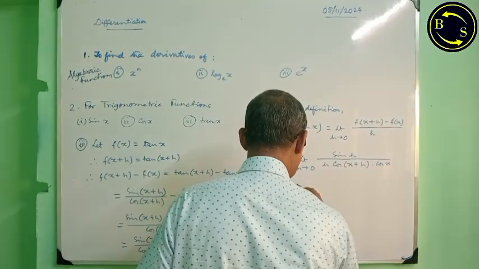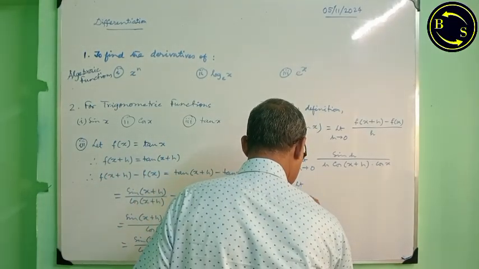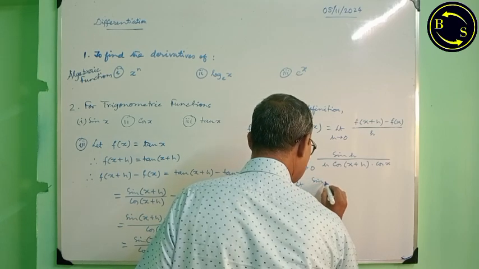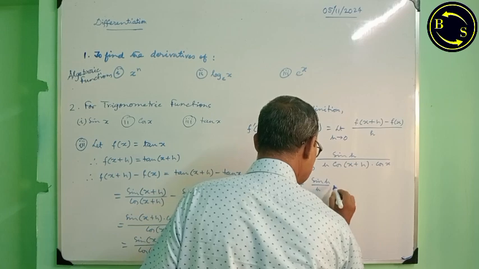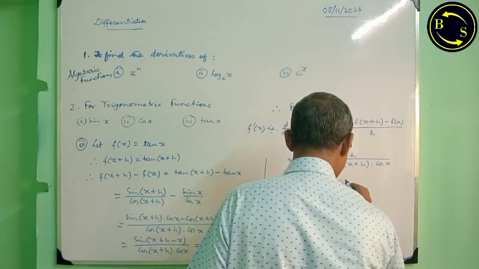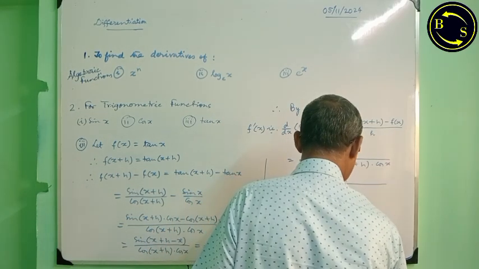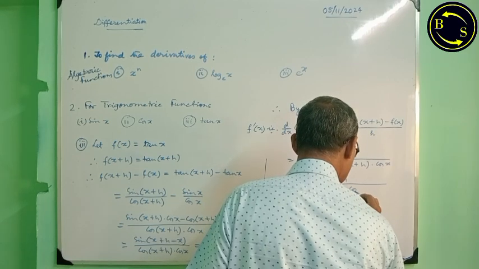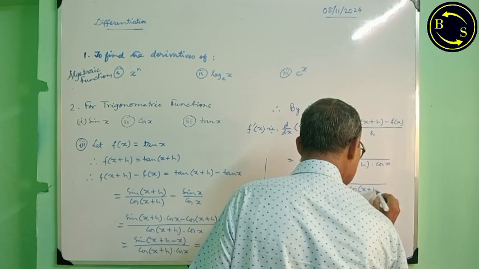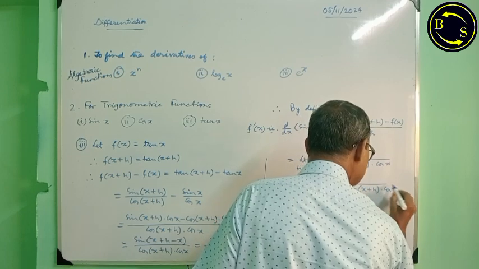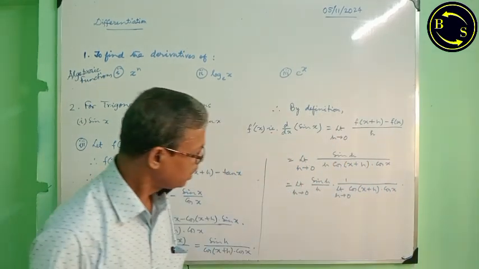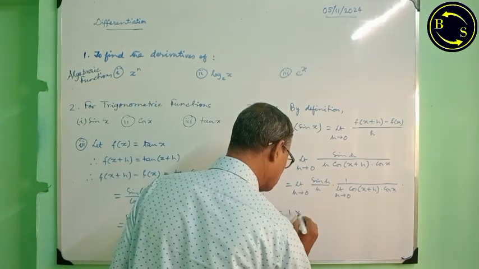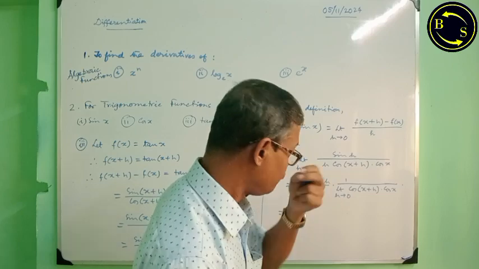That is why I write like this: limit h tends to 0 sin h by h into 1 by limit h tends to 0 cos of x plus h into cos x. The value of this one is 1 into h tends to 0.